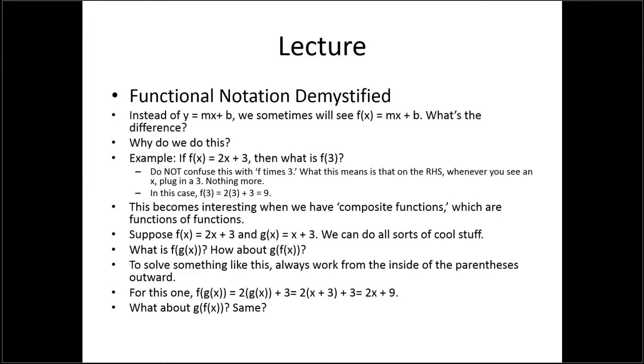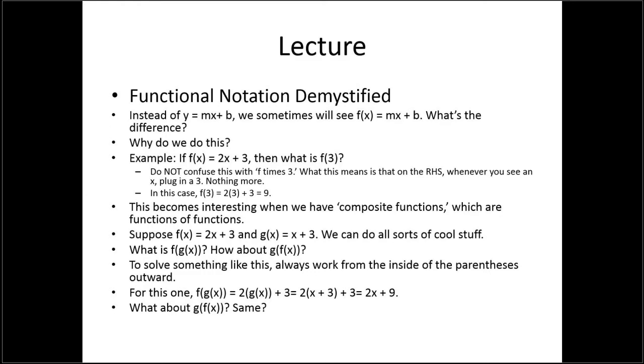Sometimes instead of seeing something of the form y equals mx plus b, we'll see something written as f of x equals mx plus b. What's the difference between these? Absolutely nothing. So don't be afraid when you see something like this. Sometimes it's easier to use functional notation because you can look for y at a specific point. It's just easier to write it as f, or function of that particular point.